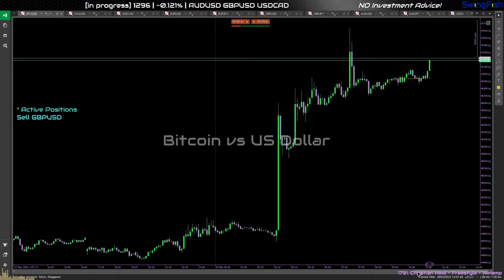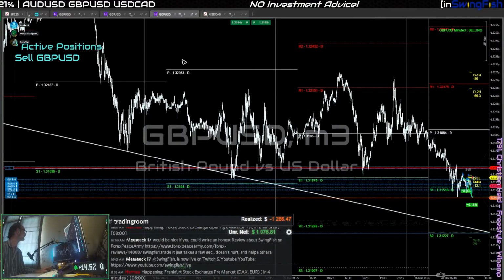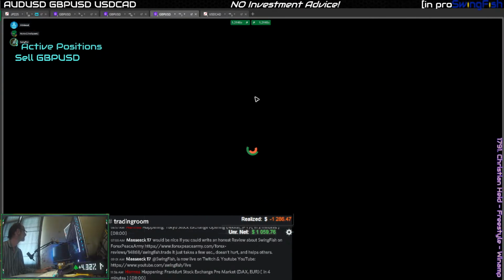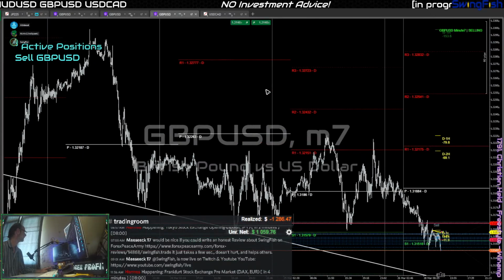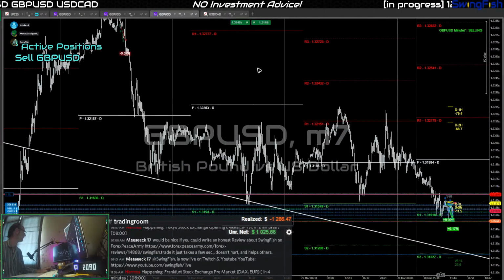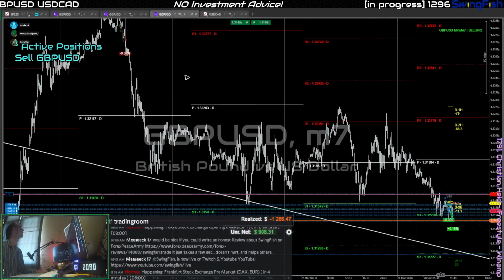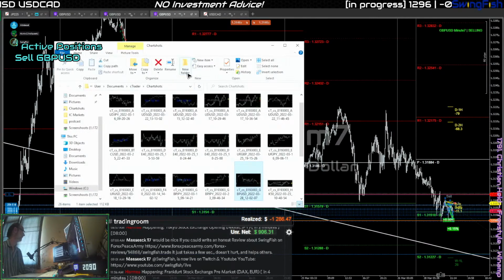That's so many candles I cannot even see them on my 3-minute chart. Switch to 7 minutes for a second. That could be still messed up and go straight back up if the dollar CAD bounces off the pivot.